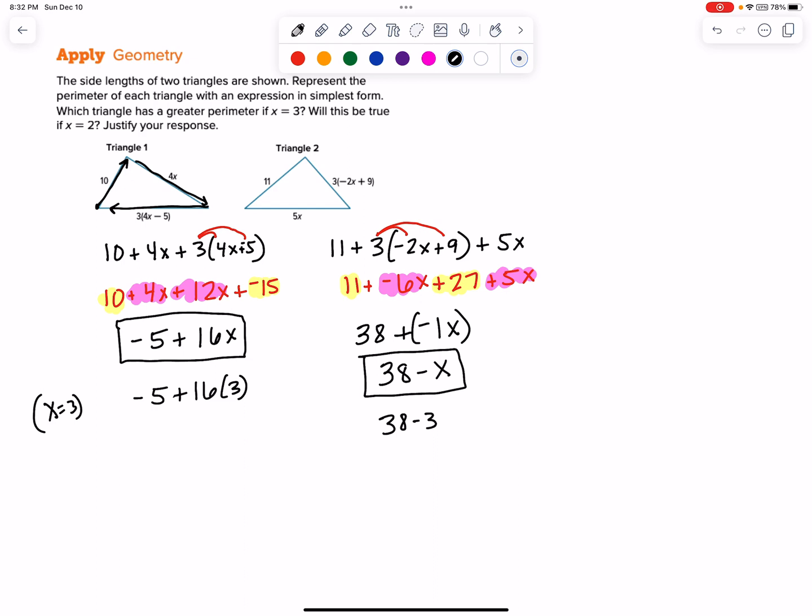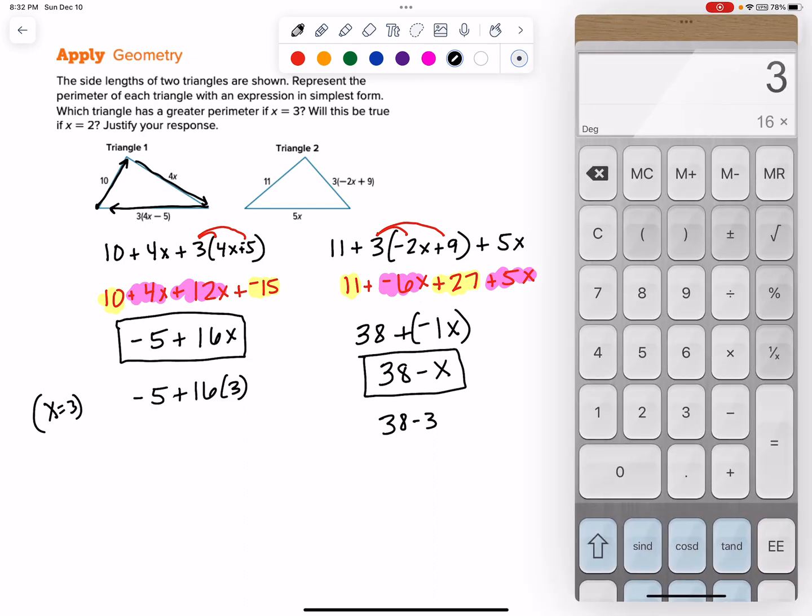So we have 16 times 3 is 48, and then plus a negative 5 or minus 5. That puts us at 43. So P equals 43. 38 minus 3 is 35. P equals 35. So which triangle has the greater perimeter? Triangle 1 has the greater perimeter.